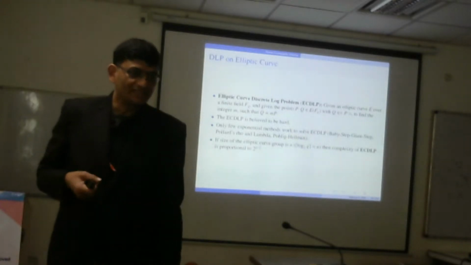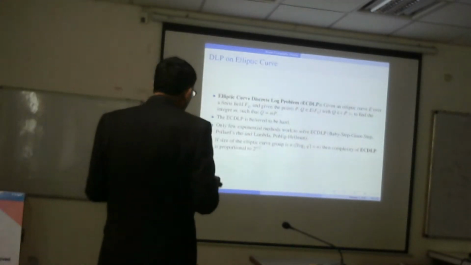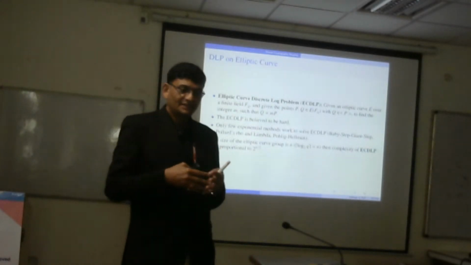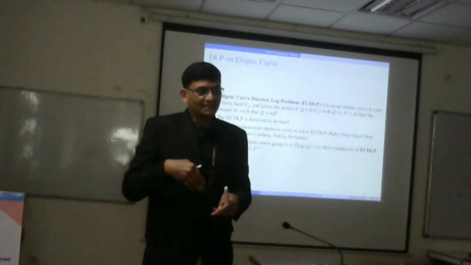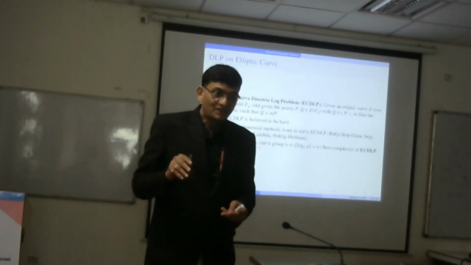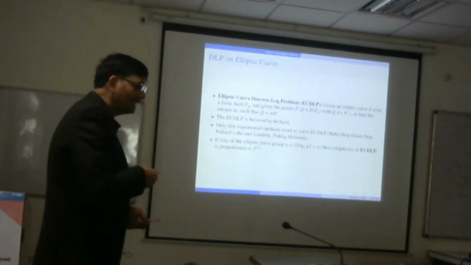So this is an exponential problem. For the encryption and decryption process, designing with an elliptic curve is easy. We can do encryption, decryption, or design any schemes, and all the operations are polynomial. But if you want to break an ECC based system, then its complexity is exponential.